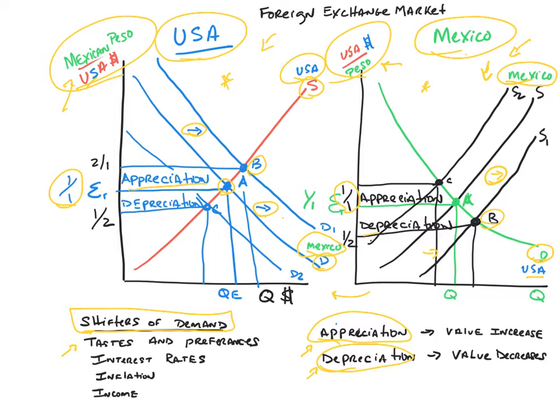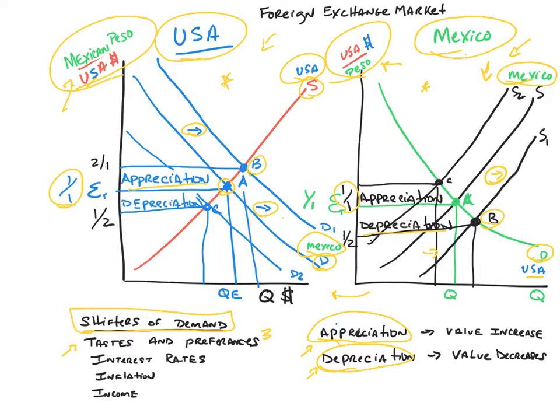And we will see some depreciation in the Mexican peso due to the increase in supply of the peso as they're pulling out all their money to convert to United States dollars. So in this particular case, B would be the response to, say, the World Cup coming to the United States.